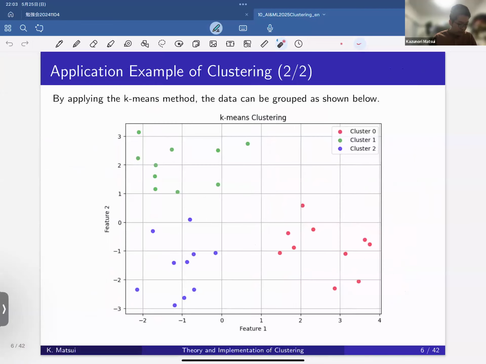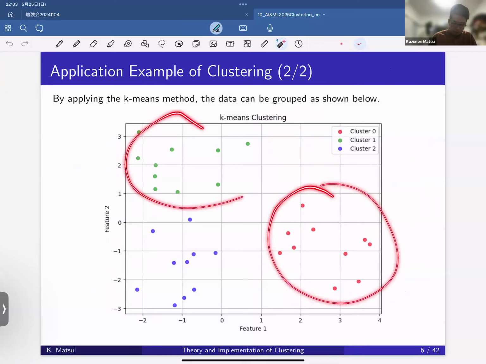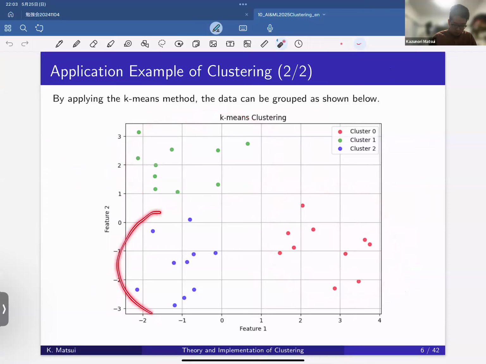By actually applying the k-means method, we can group them into red, green, and blue clusters like cluster 0, cluster 1, and cluster 2. What we want to do in clustering is to group similar things that are gathered together into one group from unlabeled data like this.